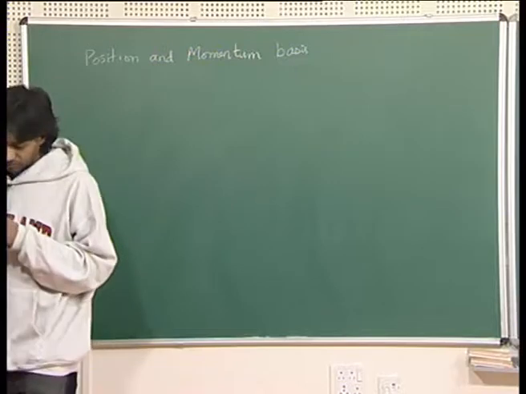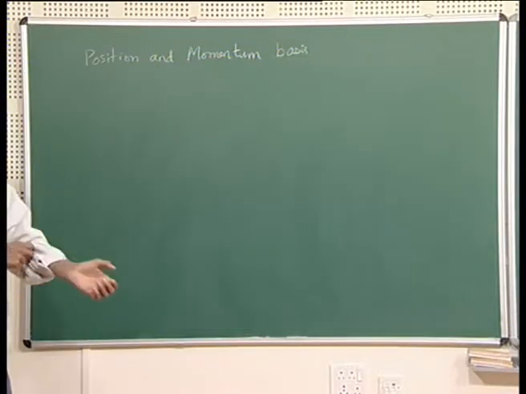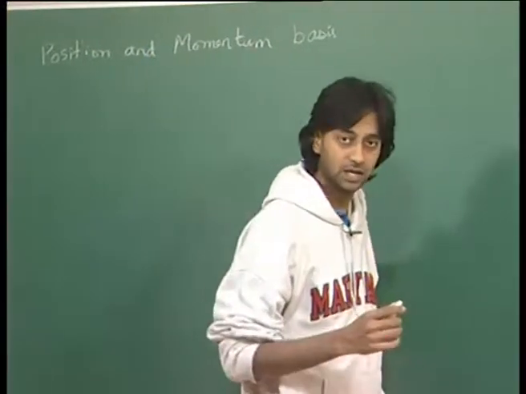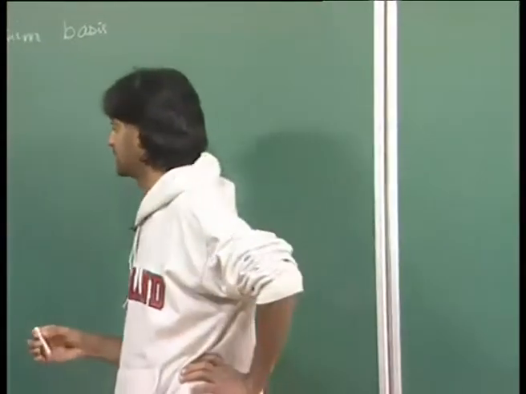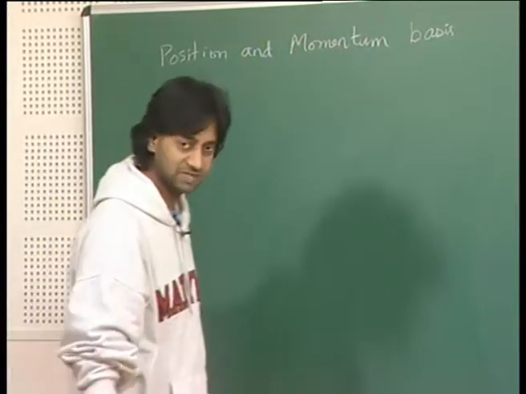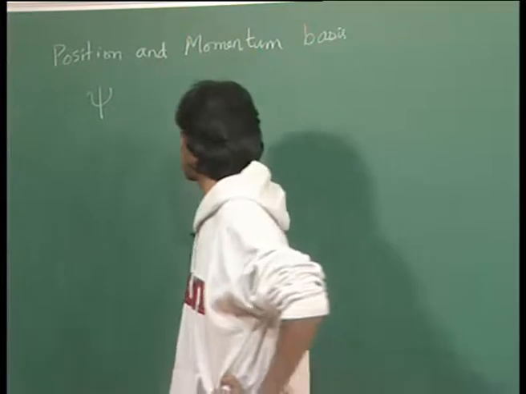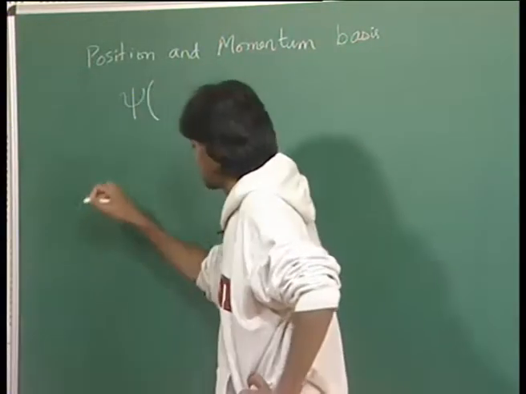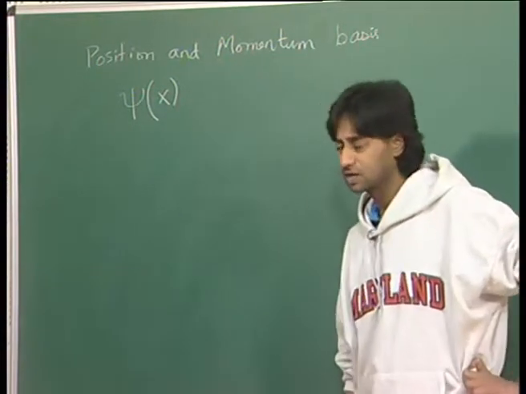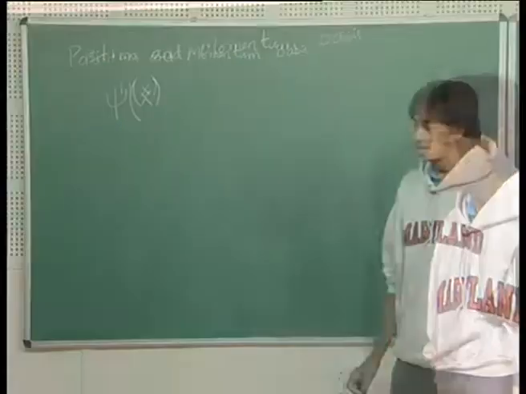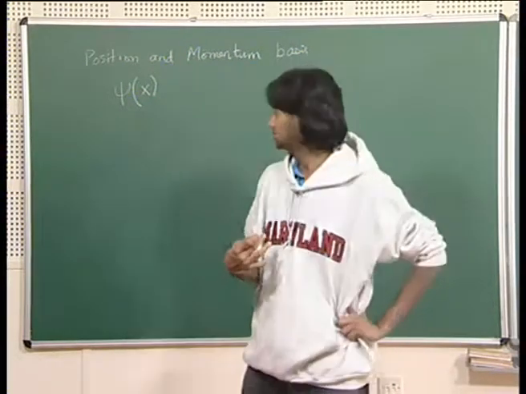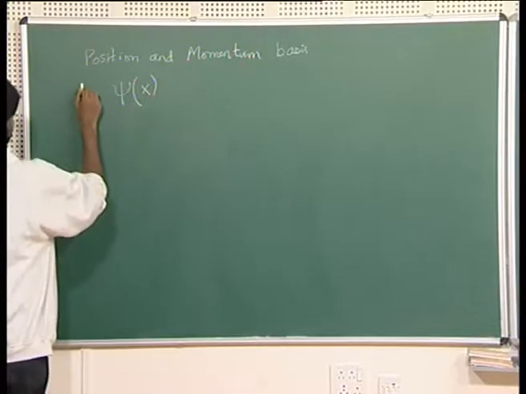Okay. So, one of the first postulates of quantum mechanics is that you describe the state of a system by a wave function psi, which is a function of the spatial coordinates. If you have a one dimensional system, this will be a function of just x, the spatial coordinate. If you have any observable, then corresponding to that observable there exists an operator.